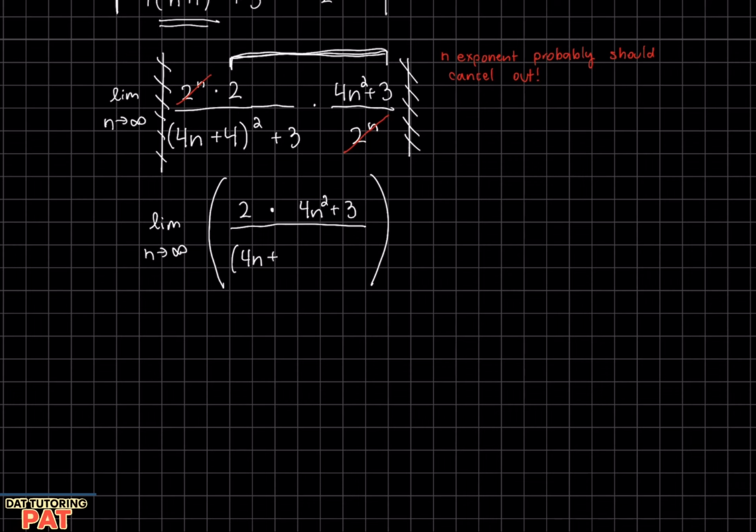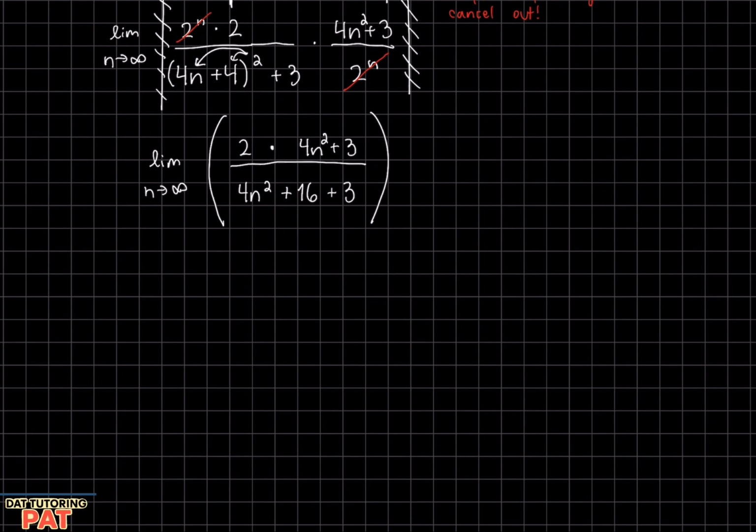Let's go ahead and distribute this out. Your 2 is going to go here, and your exponent of 2 is going to go there. What's 4n squared? 4n squared is 4n squared. And then you're going to have plus 16 plus 3.